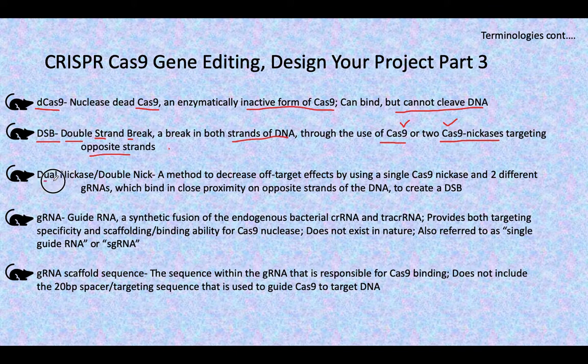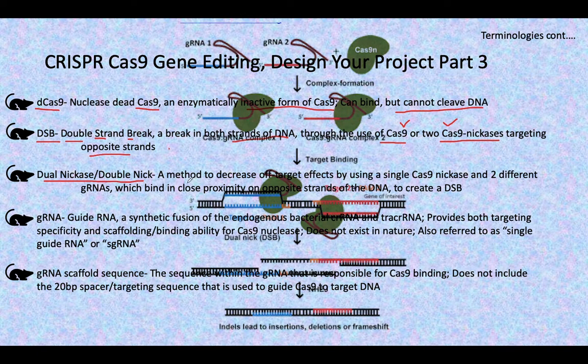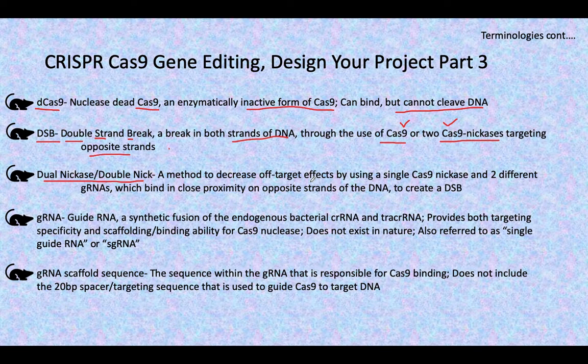Dual nickase or double nick, this is what I was just talking about. In this method you create a break, a cut on one strand, and the other cut is not directly opposite to the first cut, but is in a different position.